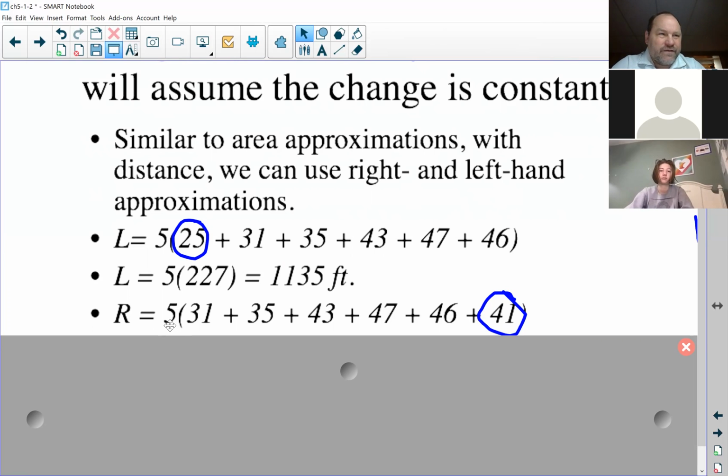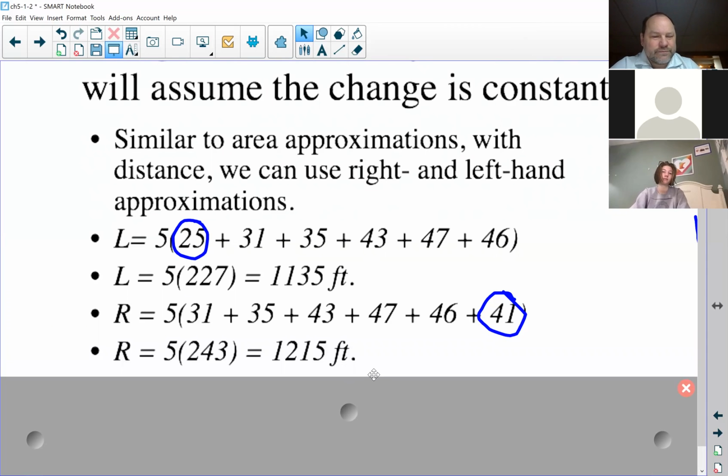So 5 times 16 is 80. So I should have about 80 more feet if I did that correctly in my head. Oh, look at that, 80 more feet.